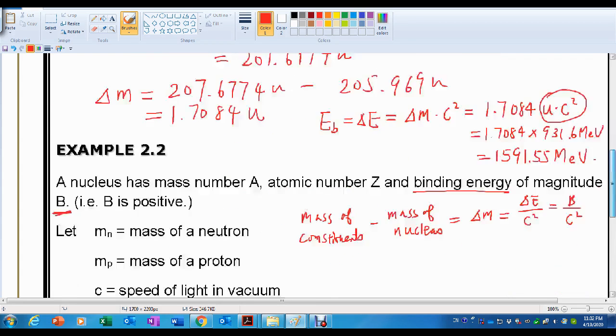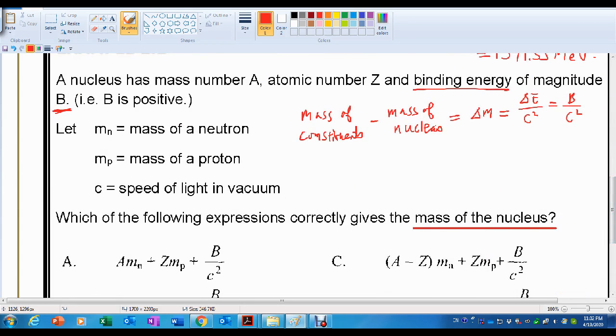So if I'm going to find the mass of the nucleus, how could we rearrange the formula? The mass of the nucleus equals the mass of the constituents take away B over C squared. Sorry, my handwriting.